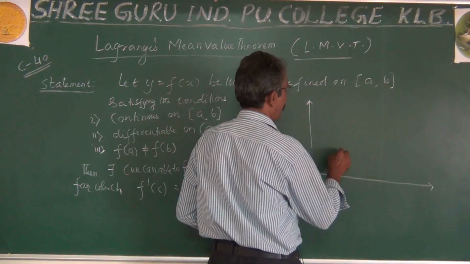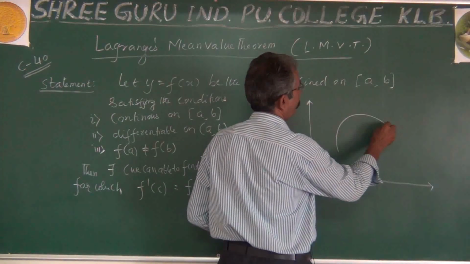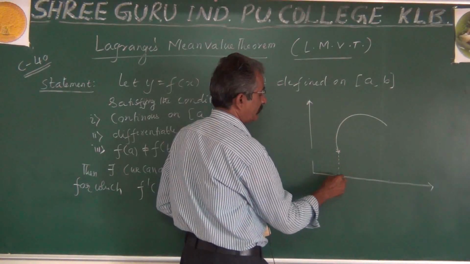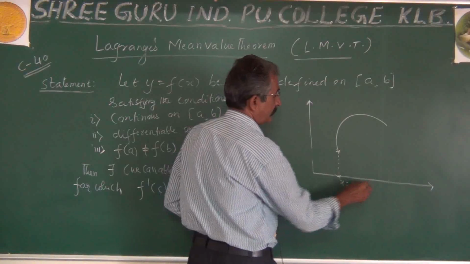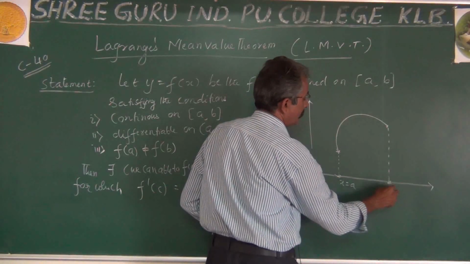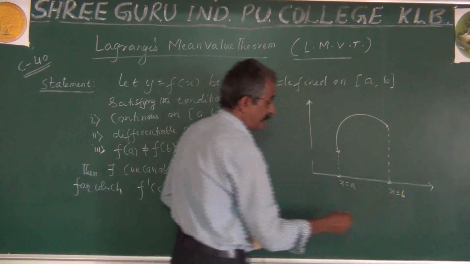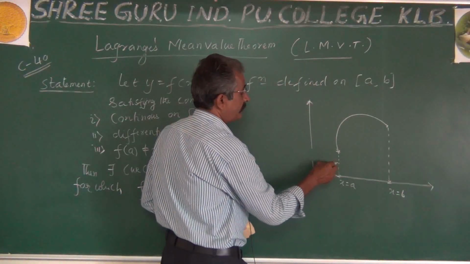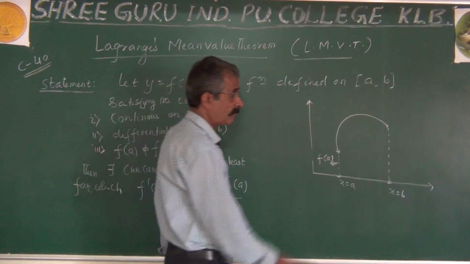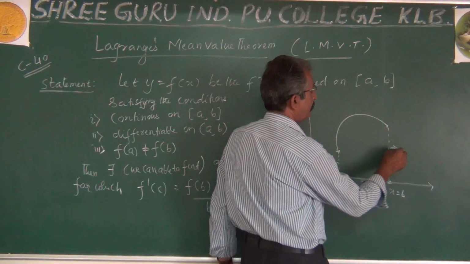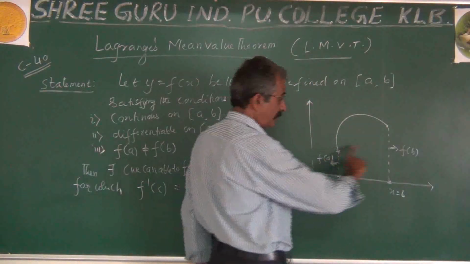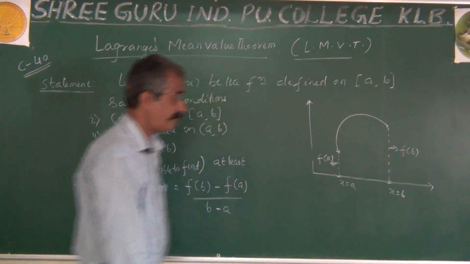So this is an approximate curve. This is point x equal to a. This is point x equal to b. And this will be f of a, means y at x equal to a. This will be f of b, means y at x equal to b. You can observe that f of a is not equal to f of b.